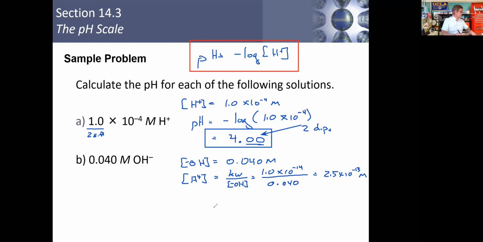That's the hydrogen ion concentration. Now we can calculate the pH, which is the negative log of this number here, not of this number. So be careful about that. 2.5 times 10 to the minus 13.